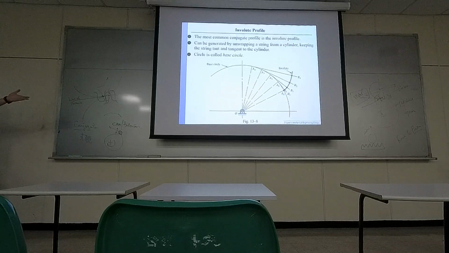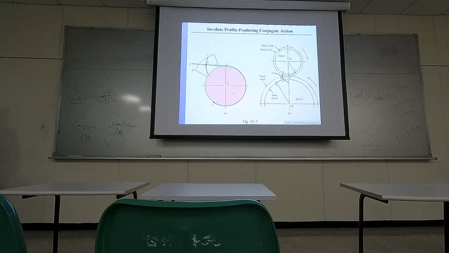Now, this is talking about the involute profile for the gear teeth. Again, I'm not trying to teach you how to make drawings of the teeth, so you just take a look. This is an introduction of the base circle.